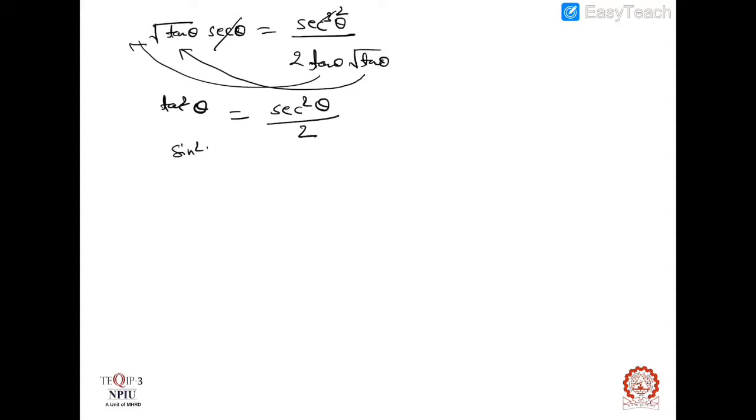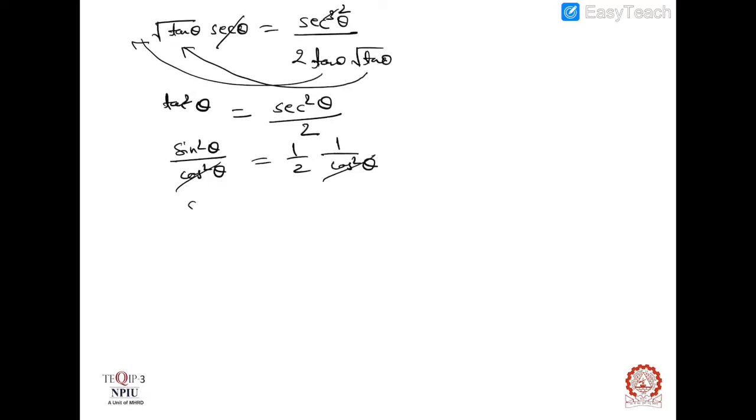This will be sin square theta divided by cos square theta is equal to 1 by 2 times 1 by cos square theta. This will cancel out, and now sin square theta is equal to 1 by 2, or sin theta is equal to 1 by root 2.